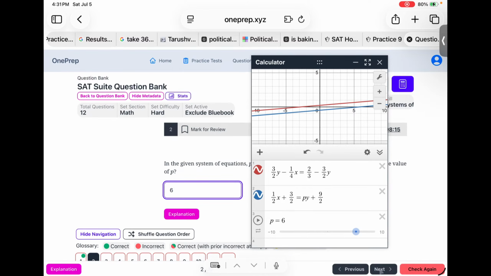Basically the most practical way to do it.